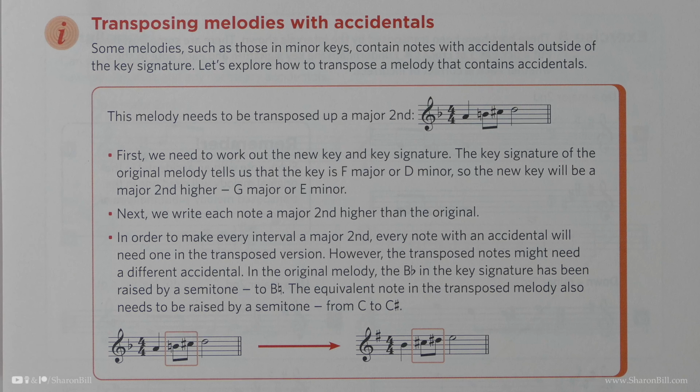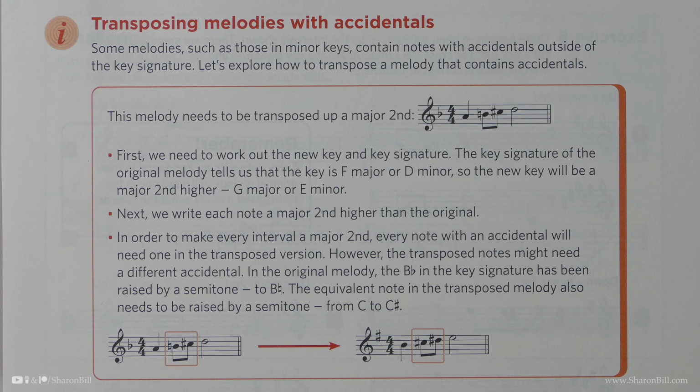Moving on to page 23 of the Grade 5 Discovering Music Theory workbook, we're going to dig a little deeper now into the topic of transposing, and we're now going to look at melodies with accidentals because, of course, some music will have accidentals. They'll have sharps and flats in addition to the key signature.